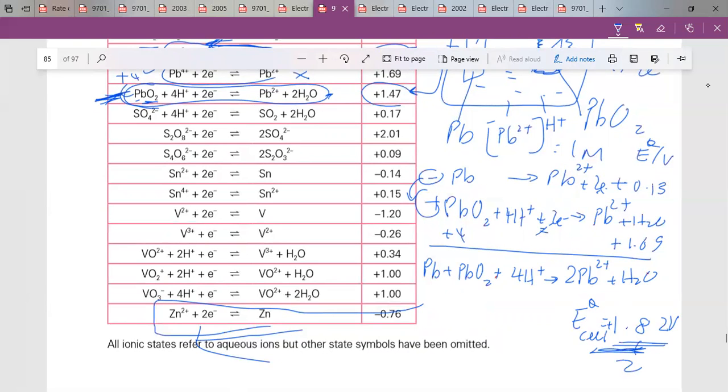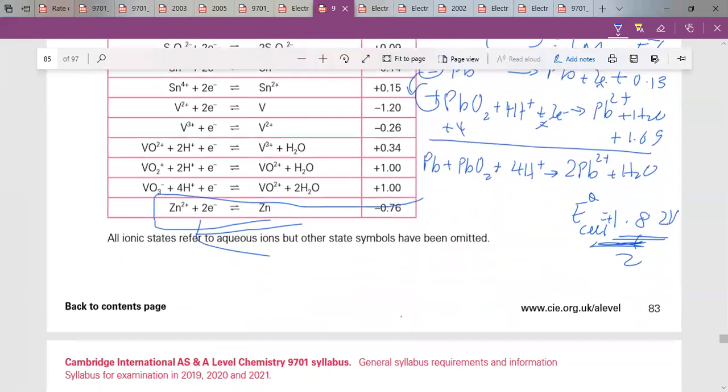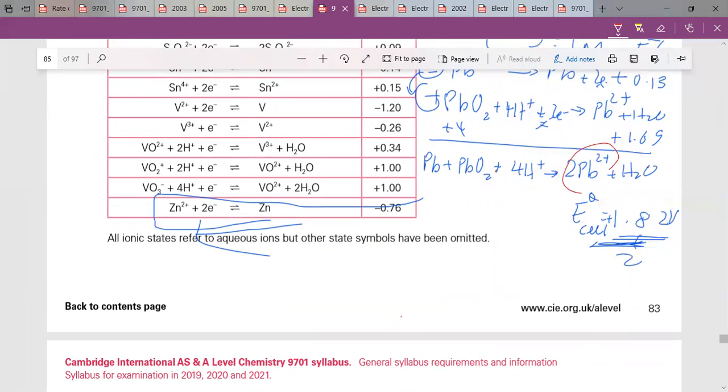So what they do is they add sulfuric acid here. They put H2SO4. Why? Because the Pb2+ here, I'm going to put red color so you can see the difference, will then react with SO4 2-. Once it comes out, it reacts with your SO4 2- to come out PbSO4 quickly.